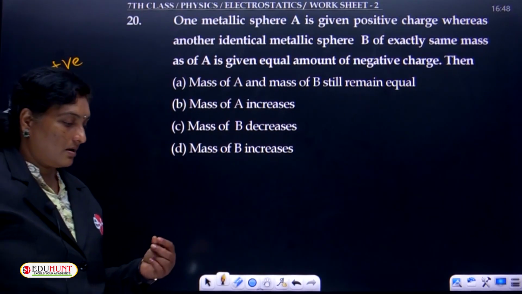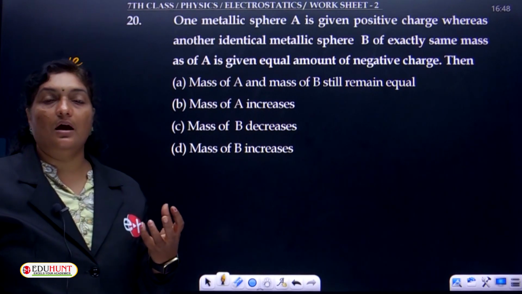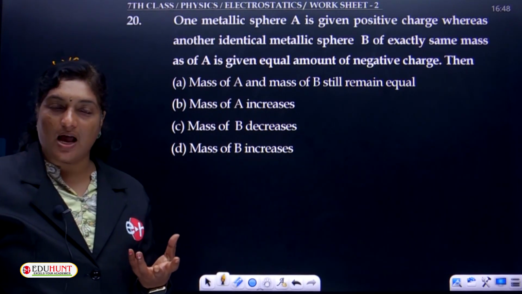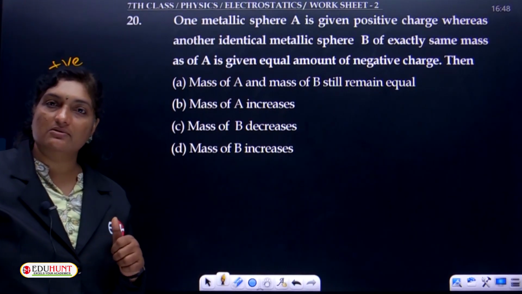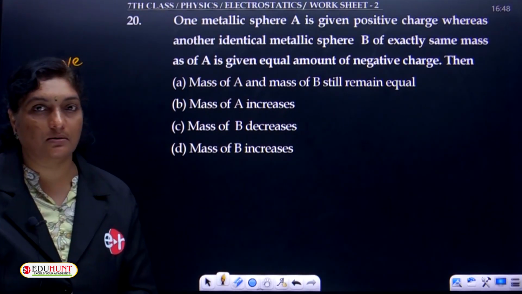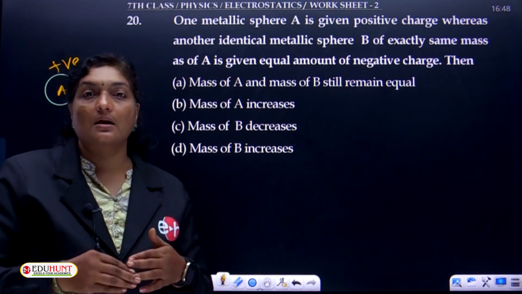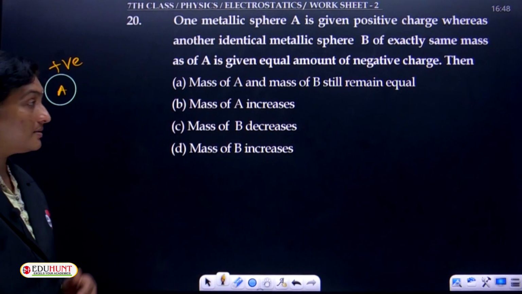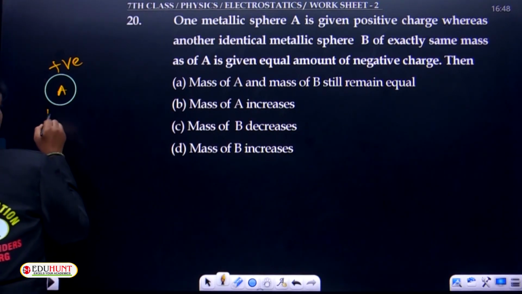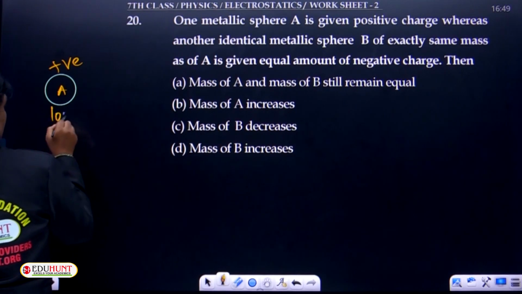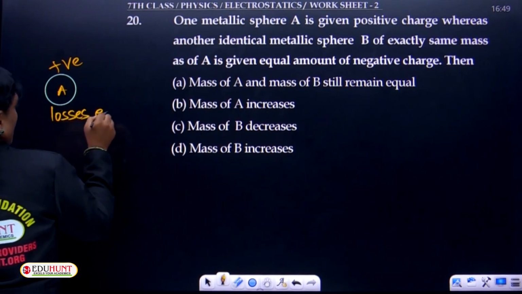Whenever an object, or a conductor, attains a positive charge, how does it attain a positive charge? By losing some electrons. Whenever a conductor attains positive charge by losing electrons, then the mass reduces because it loses electrons.